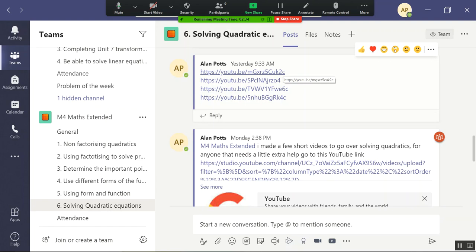What if one's negative? I also spotted in someone's work that they were struggling if the bracket had 2x plus 3 in there. So I did an example like that. And then I also went on to looking at vertex form. So you might not need all of these, but have a quick look, find the one that works for you.